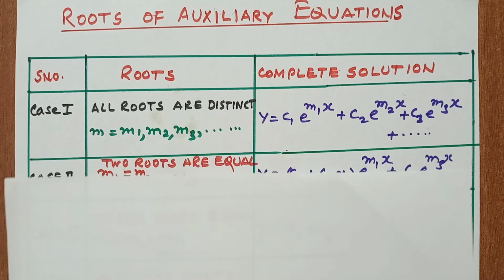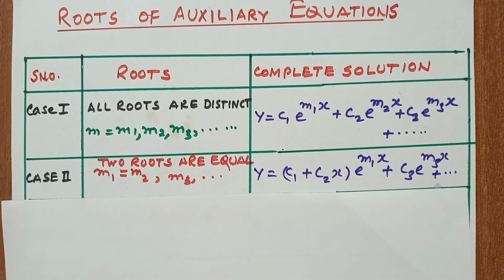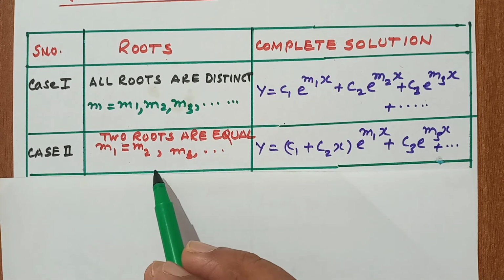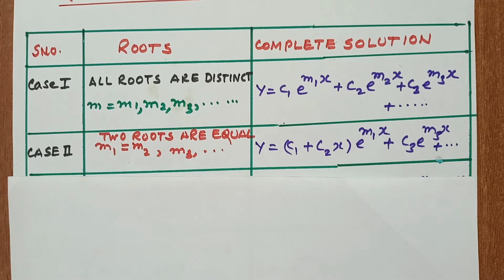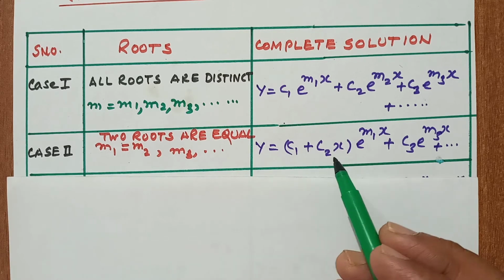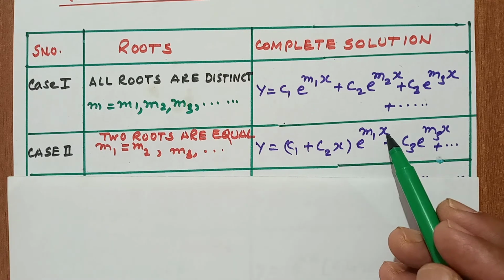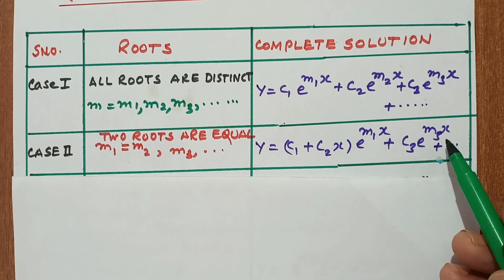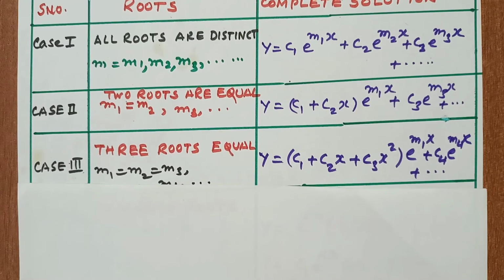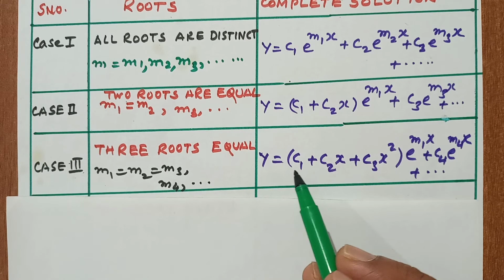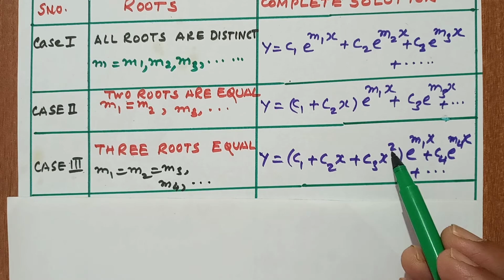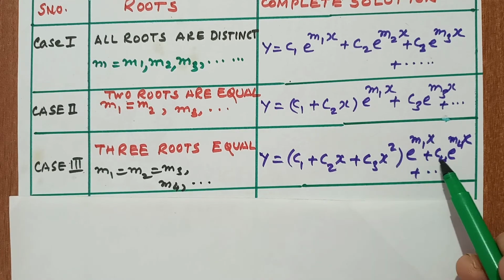Now case second, when two roots are equal, m1 equal to m2, and the remaining roots are different. In this case the solution is y equal to (c1 plus c2x) e to the power m1x plus c3 e to the power m3x. Similarly case third, when three roots are equal, the solution is y equal to (c1 plus c2x plus c3x square) e to the power m1x plus the term for the different root.